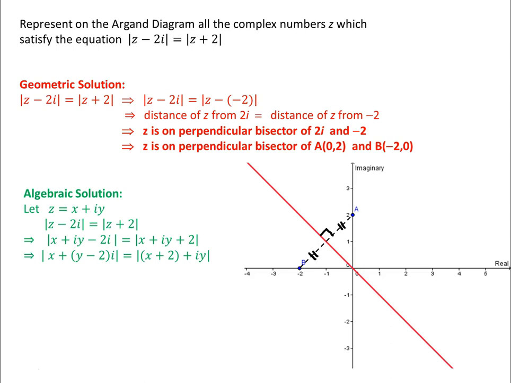In other words, the modulus of x plus (y minus 2) lots of i must equal the modulus of x plus 2 plus iy.